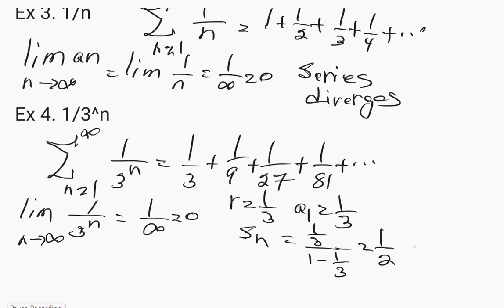So the sum exists for this infinite series. Meaning that the sequence is converging and also the series converges. Series converges.